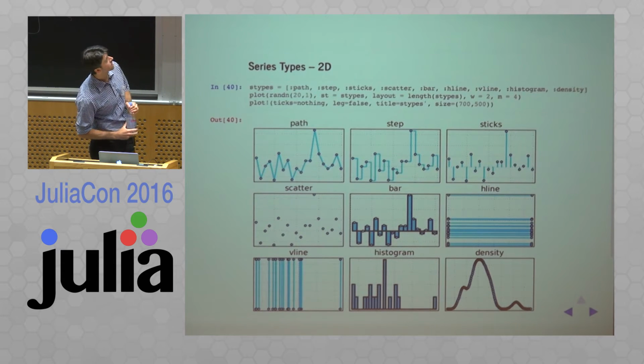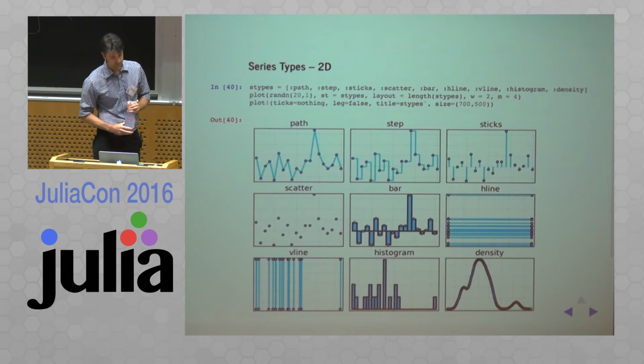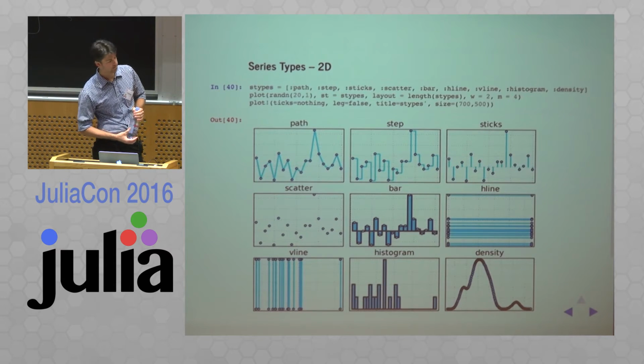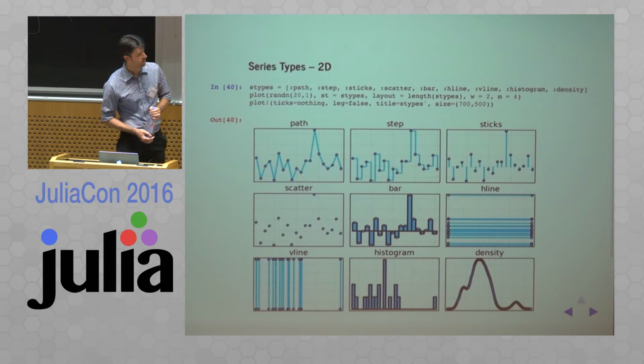And I'm setting the layout to be just the length of that S-types vector. And that's about it. The rest of it is just setting up some visuals, taking away the tick marks, taking away the legend, setting the size of the graph.